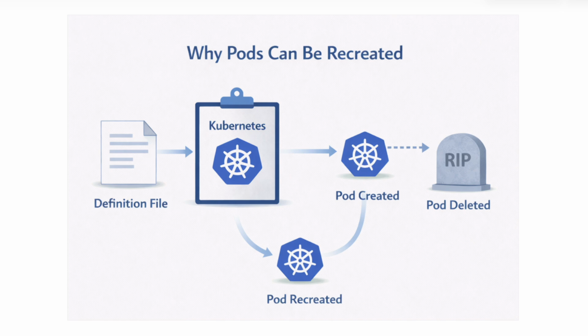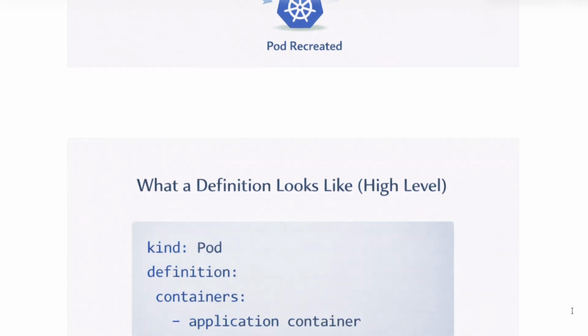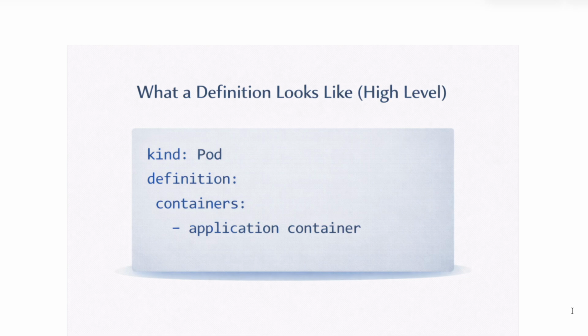Before we recap, let's quickly see how a definition looks at a very high level. This is not something you need to understand in detail yet. I am only showing this so you can recognize it when we see it again later.